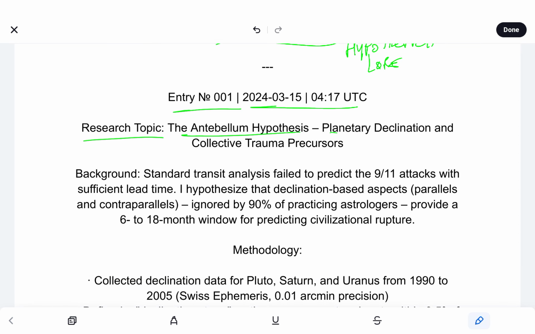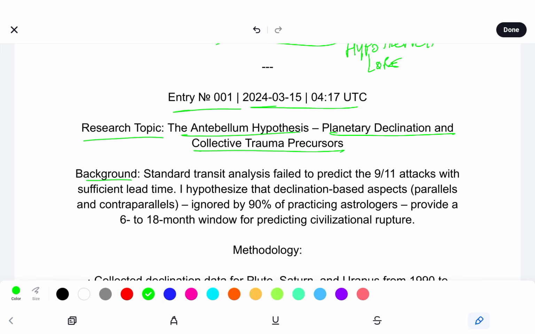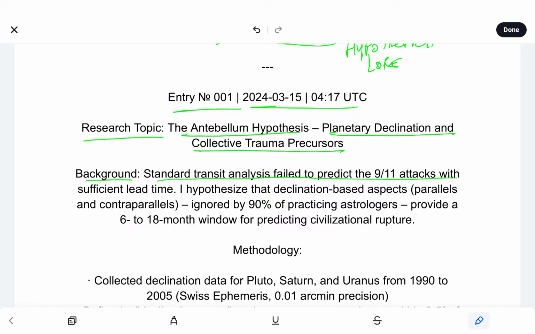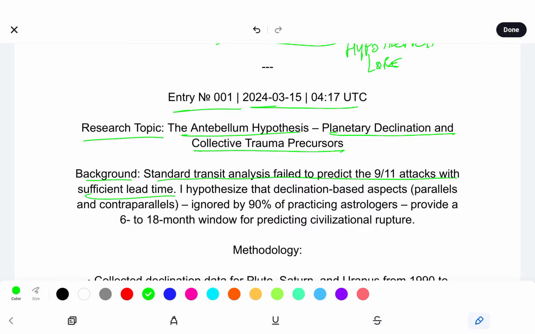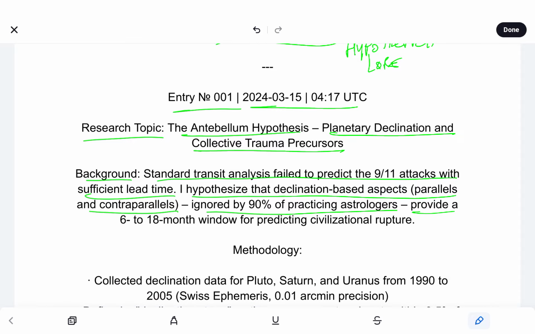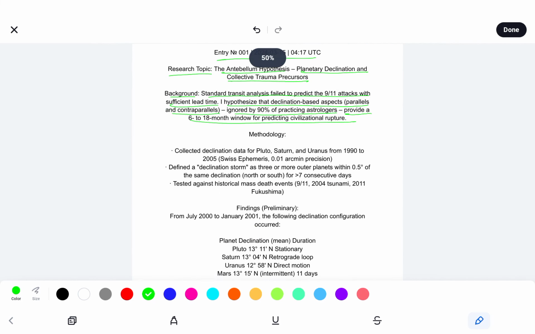and we see our research topic is the antebellum hypothesis: planetary declination and collective trauma precursors. So our background here is that standard transit analysis failed to predict the 9/11 attacks with sufficient lead time. I hypothesized that declination-based aspects, parallels and contraparallels, ignored by 90% of practicing astrologers, provide a 6 to 18-month window for predicting civilizational rupture.